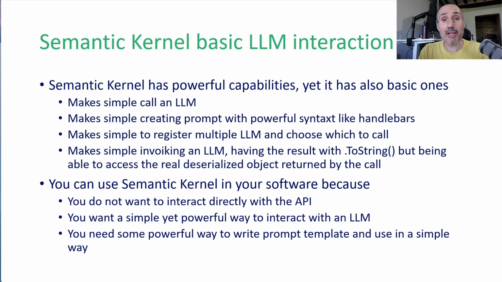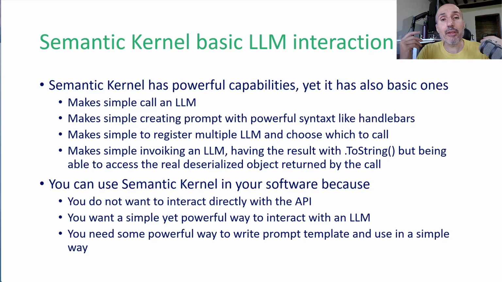When the large language model updates, Semantic Kernel will have an updated version of the library that knows how to call the new version, and it does everything for you. And this is especially true for the function call you saw in the fifth video of the series, because you can define functions in an abstracted way, and it's Semantic Kernel that takes the responsibility to perform the right call to the large language model.